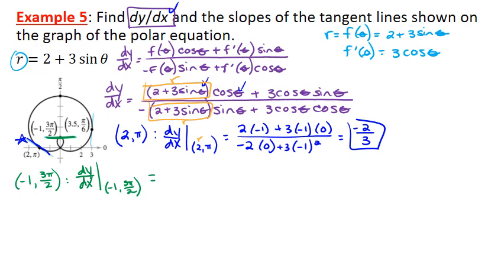Okay, so here, again, we know this first part is r, so negative 1 times 0 plus 3 times 0 times negative 1 over negative r, that becomes just a 1, times negative 1, because sine of 3 pi over 2 is negative 1, plus 3 times 0. A lot of zeros here, so this cancels out and the slope is 0.